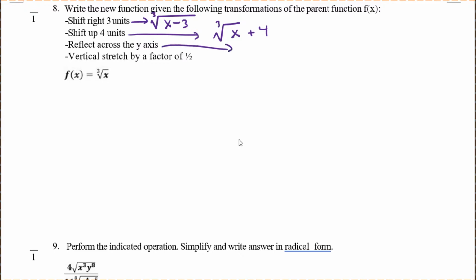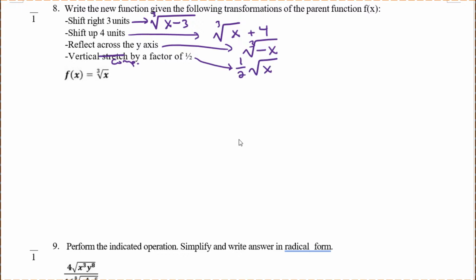Reflecting across the y-axis means we're going to have a negative on the inside, and a vertical stretch by a factor of 1/2, or this should say vertical compression, not stretch, by a factor of 1/2, so it's 1/2 on the outside.